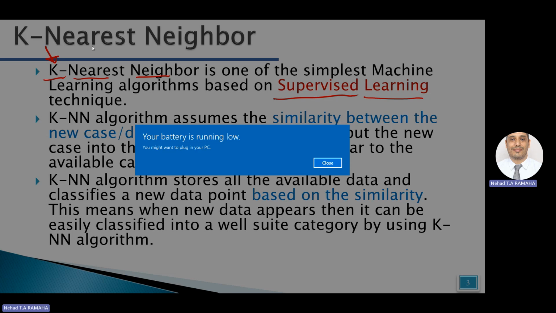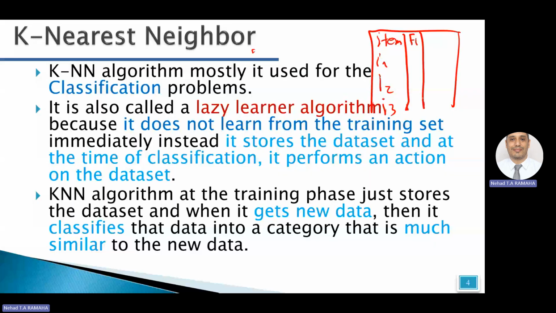So this one, for example, 5, 4, 3, 2, and so on, and this one is under category C1, C1, C2. So you have the test data, a new item, for example item X, and its data is 3 and 5.